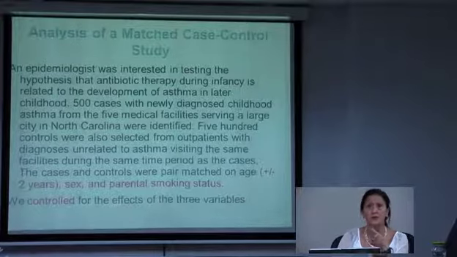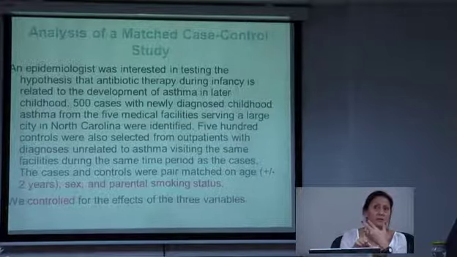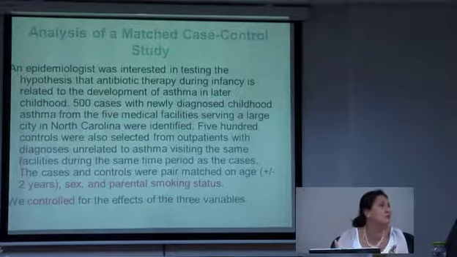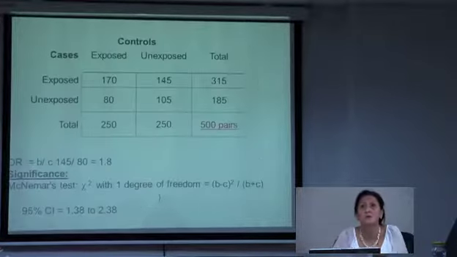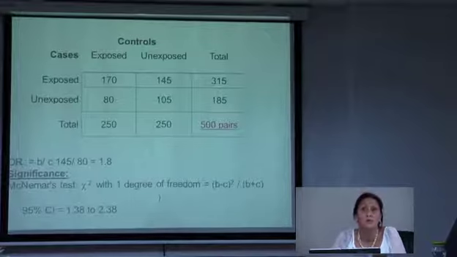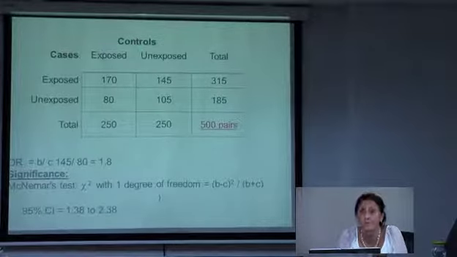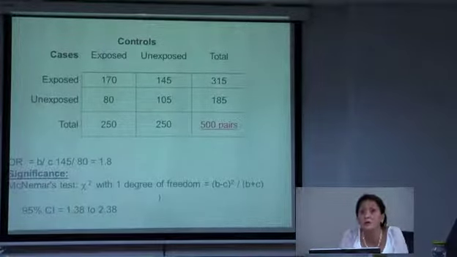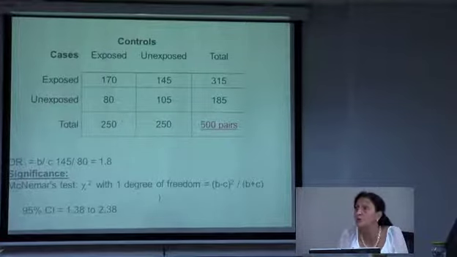By matching on age, gender, and parental smoking, you have already controlled for them, so the pairs are similar. This is the way we put the data. I have 500 pairs. Let's take the concordant ones: 170 are concordant pairs, meaning both those with asthma and without asthma were exposed to antibiotic therapy during infancy.